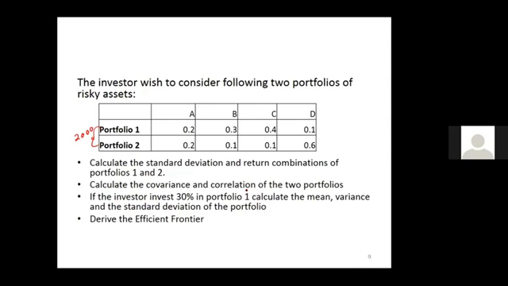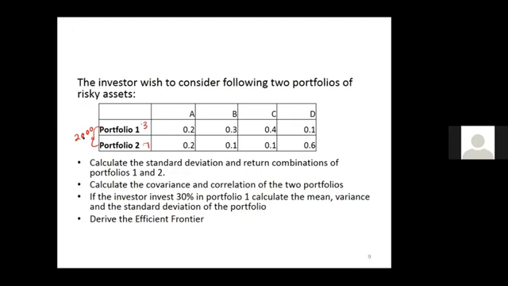So the third point: if the investor invests 30% in portfolio 1, then in portfolio 2 the remaining 70%.